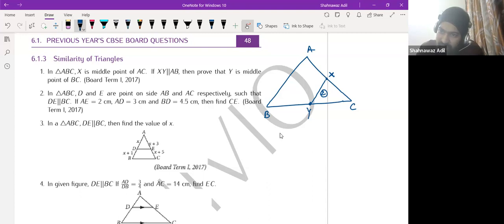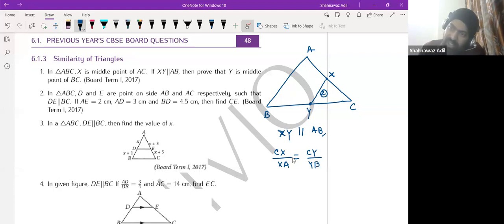So we know that if XY is parallel to AB, right, then we can write that CX by XA is equal to CY by YB, right? That we can write. And we also know it is given that X is the midpoint of AC. So we can write XA is equal to XC, right?